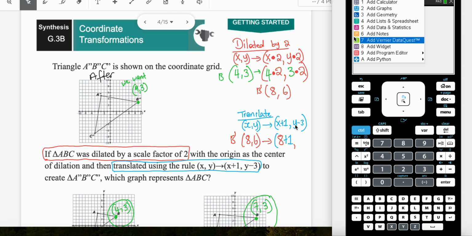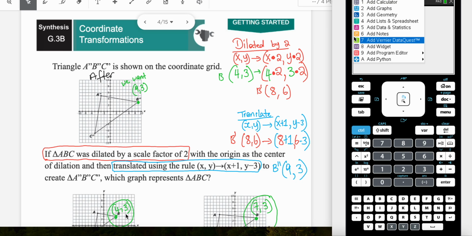You take the y, in this case 6, and then minus 3. Now when you perform that, we get B prime prime. 8 plus 1 is 9, and 6 minus 3 is 3.